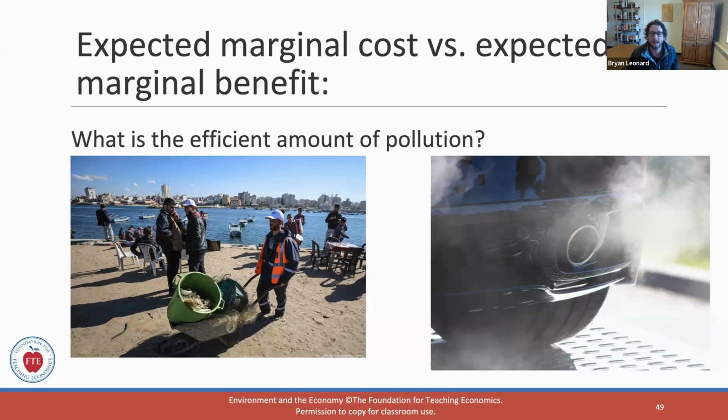So if you think about the efficient amount of, say, driving and air pollution, the question has a very different answer depending on where you live and the economics of what it looks like to generate electricity in that place.